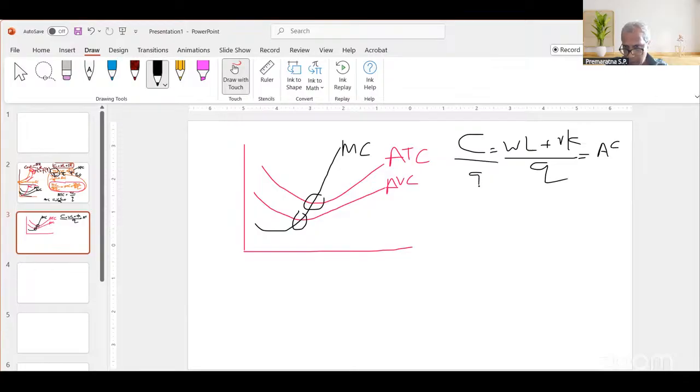There, differentiating the cost curve, you get the marginal cost curve. That is the long run.